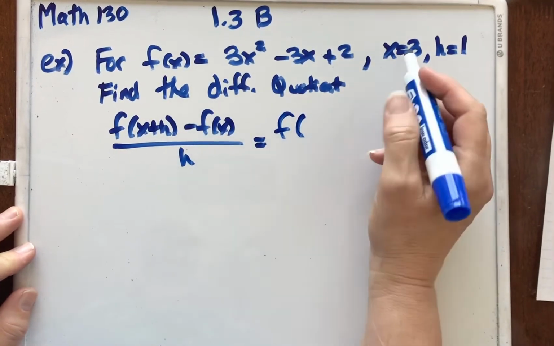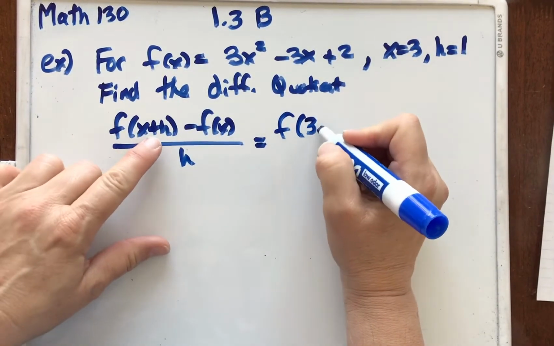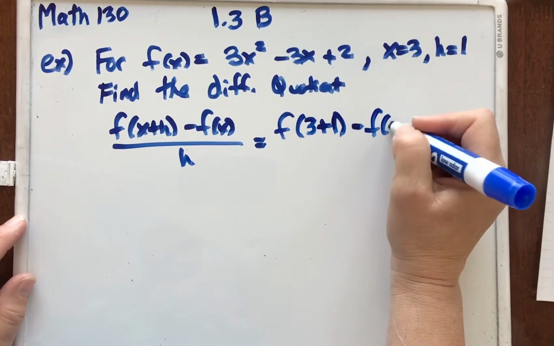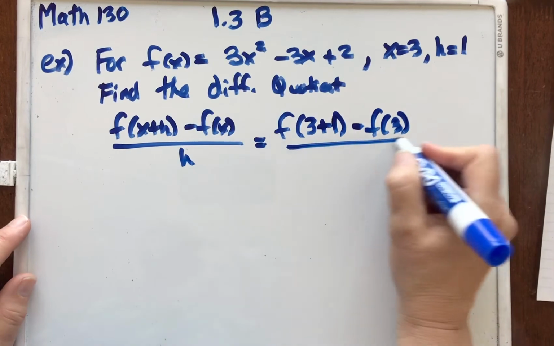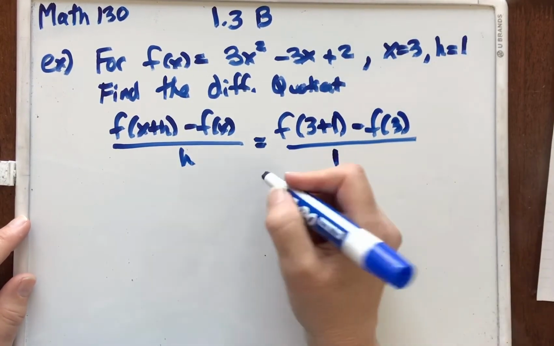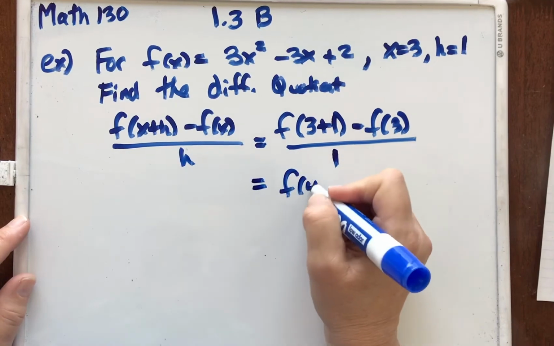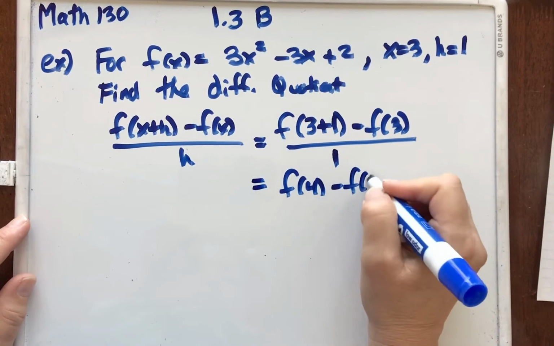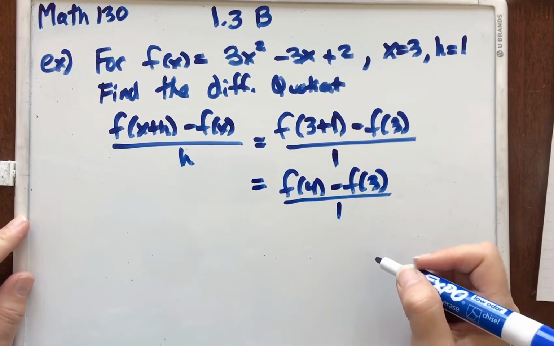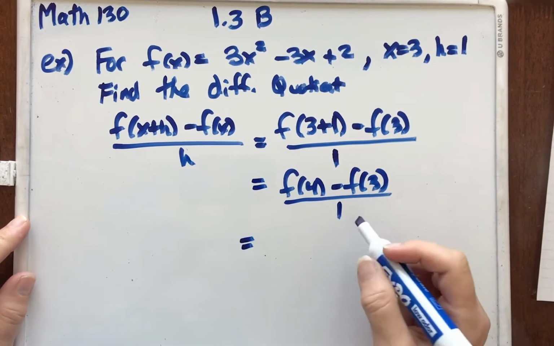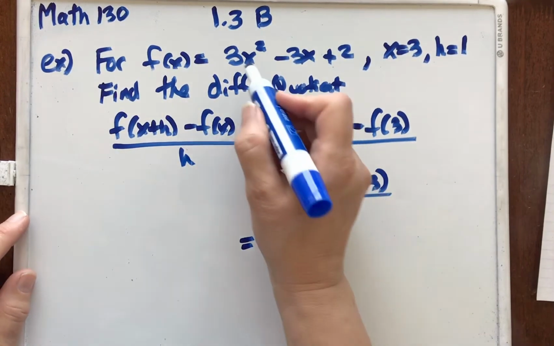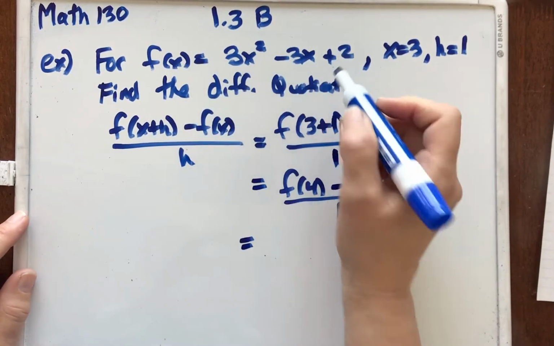That's f of x is 3 plus h is 1, minus f of 3, all over h, and h is 1. So that equals f of 4 minus f of 3 over 1. Let's just do f of 4 minus f of 3, because over 1 is just going to be the same number, right? So we're going to put 4 all into here.